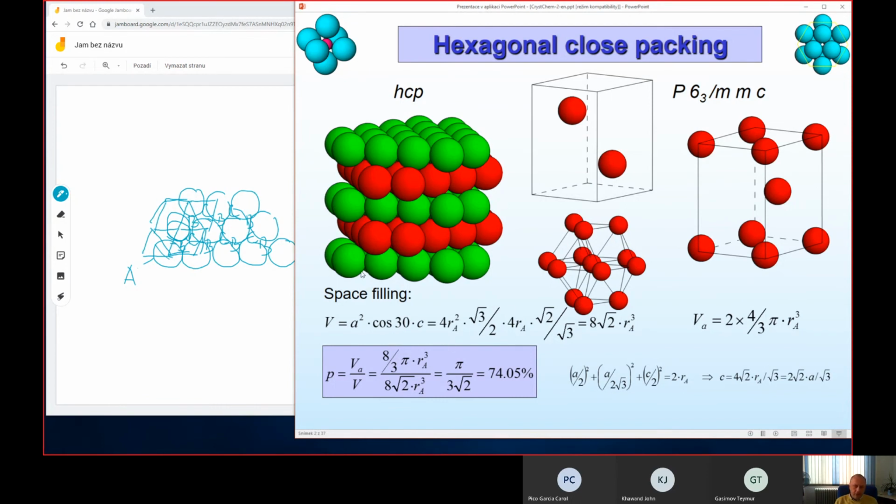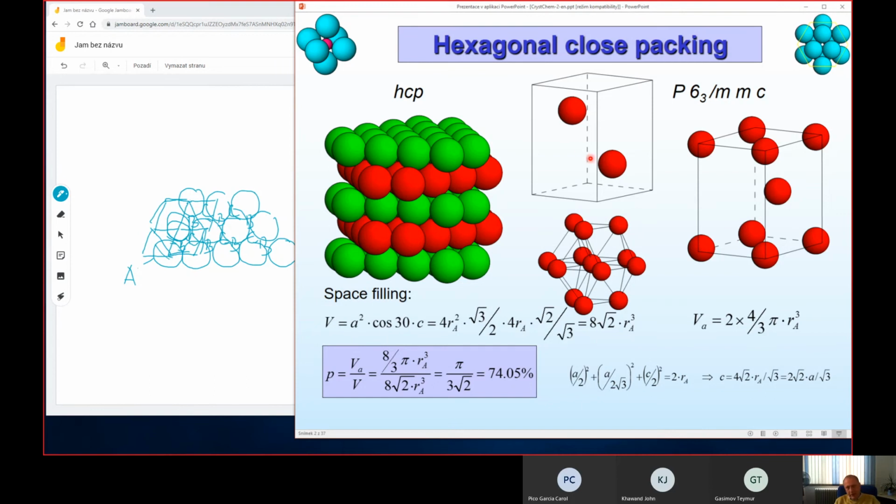And we can also calculate the so-called space filling factor, which is the ratio or fraction between the volume of atoms considered as rigid spheres and the volume of the unit cell. So here we have 2 atoms per unit cell.